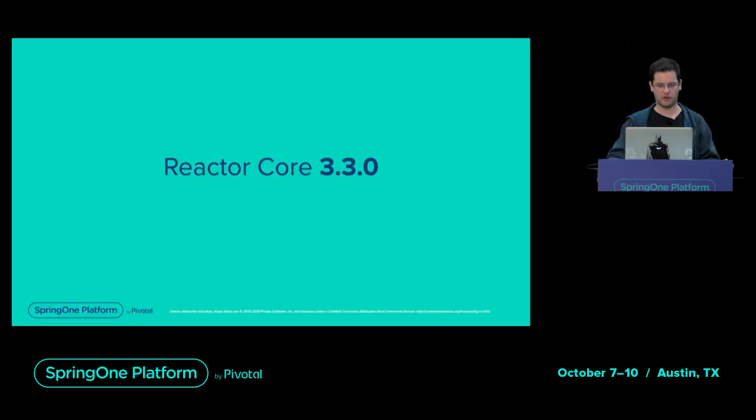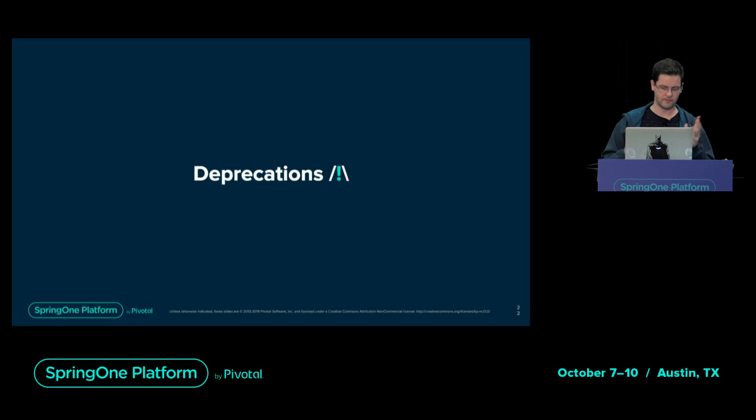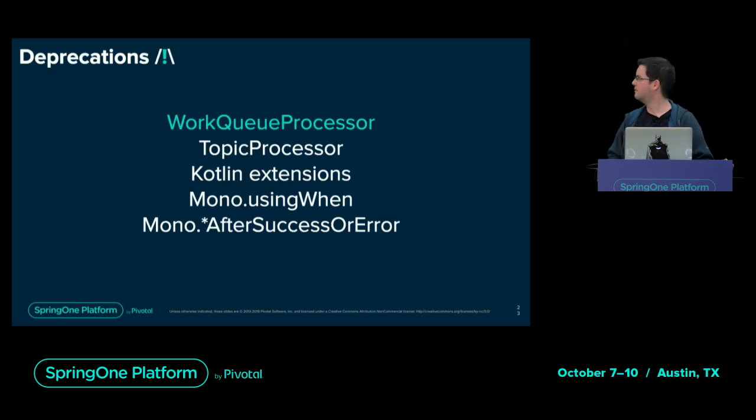So what's new in reactor 3.3.0? We tend to do that with new release trains. There are a few deprecations, so I wanted to give you a heads up about that. Notably, the work queue processor and topic processor are being deprecated.